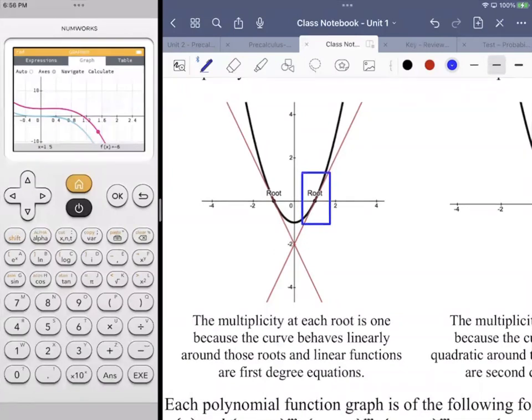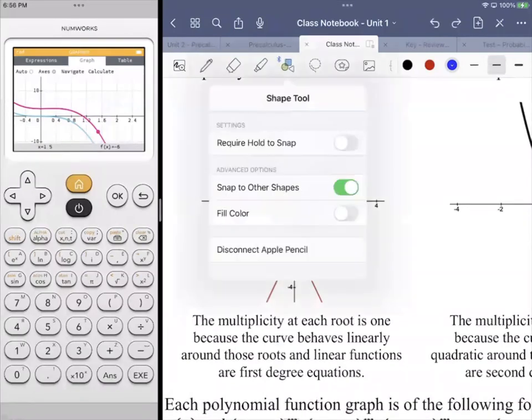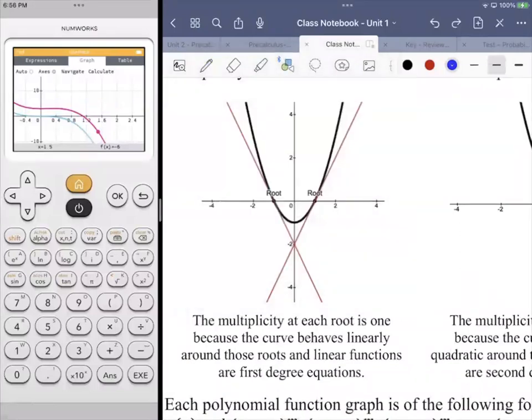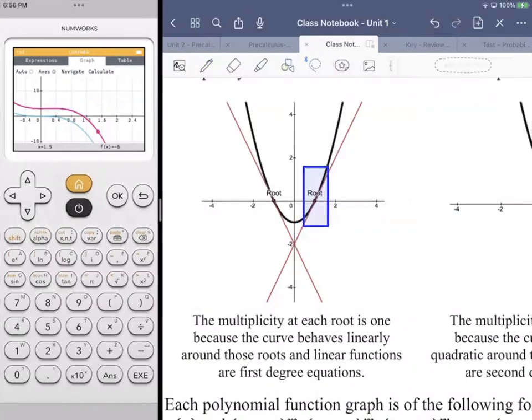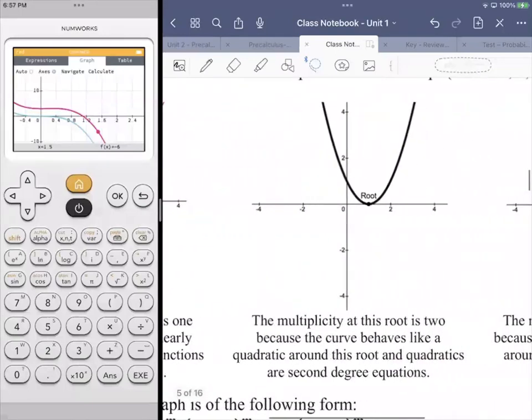Let me get my shading tool going on. Make it look nice, make it pop. Yeah, there we go. That's the good stuff. Now this one happens to have 2 roots, but we're just going to consider the behavior of the curve around the roots.